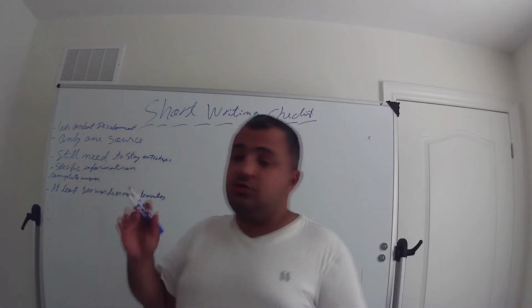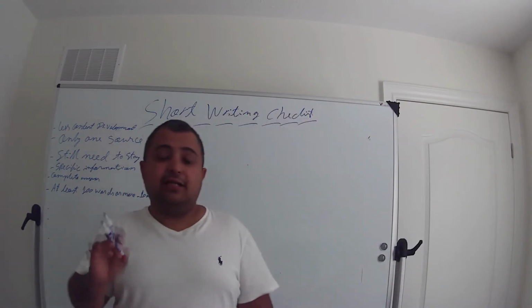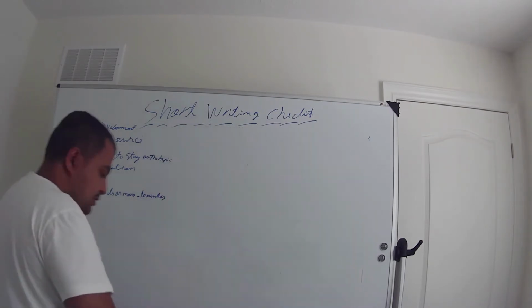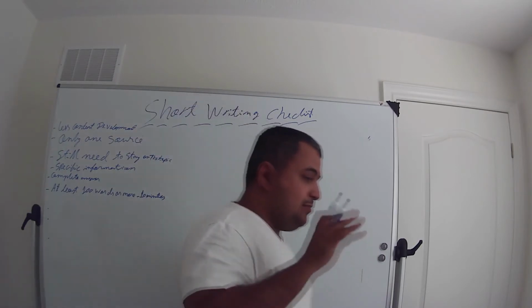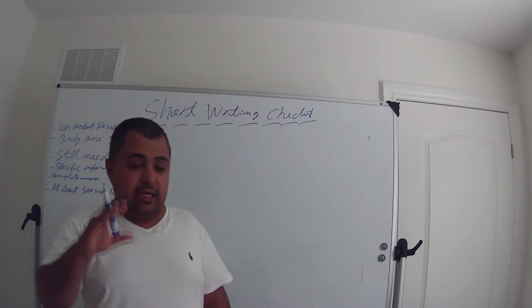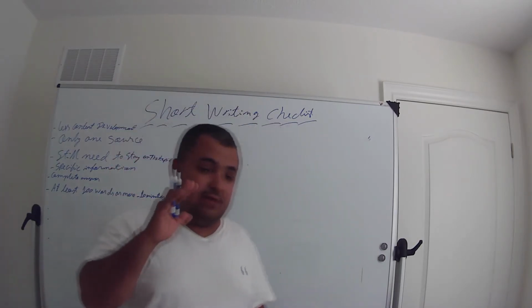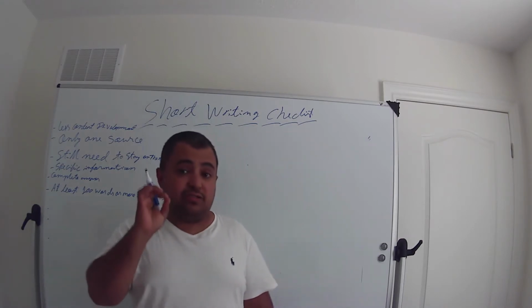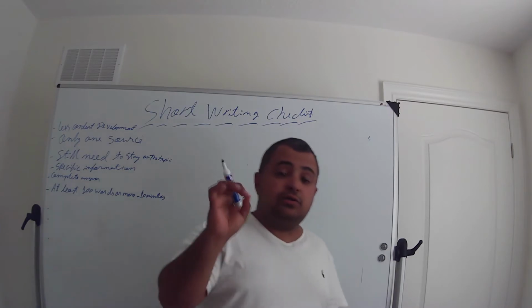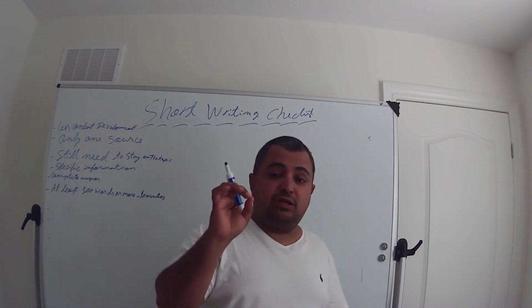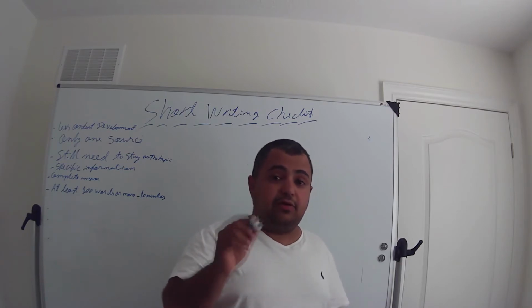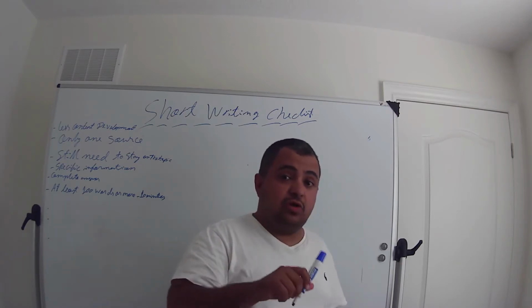Now, there are two critical things that you need to keep in mind on the short writing checklist. The first is that you have to pick the information that you use in your writing either from the lecture note or from the reading.